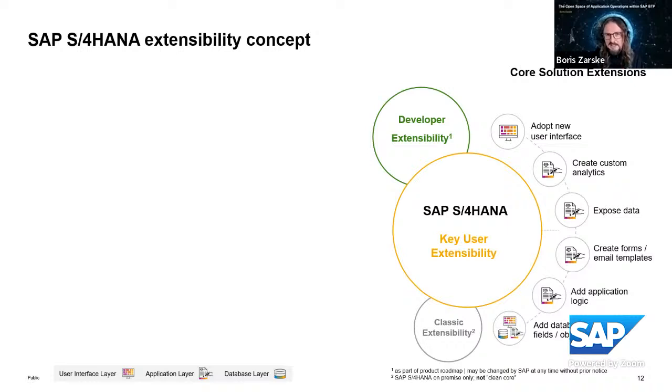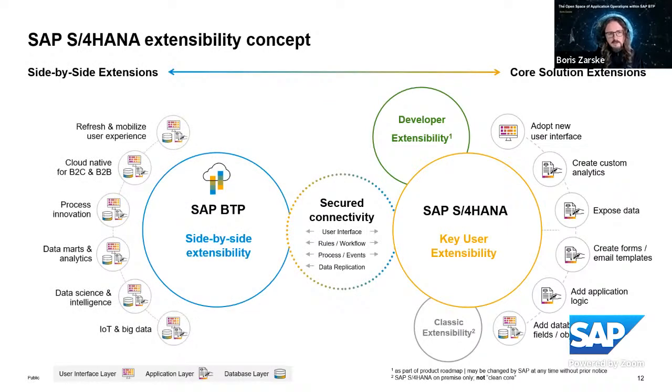That's why it's already drawn a little bit smaller, right? The reality would be that it's much bigger, I would say, but that's the goal. The goal is to follow the paradigm to keep the core clean, meaning that instead of using classical extensibility, where you use SAP delivered code and adapt it according to your needs, we use, for example, developer extensibility with integrated Steampunk, but also, for loosely coupled scenarios, side-by-side extensibility where SAP Business Technology Platform comes into play.